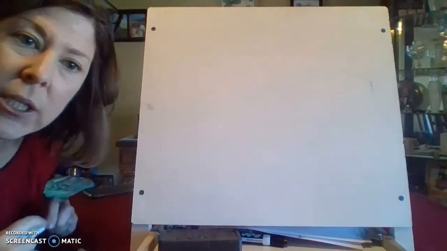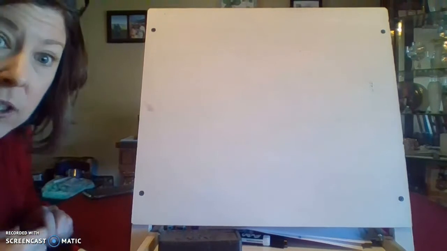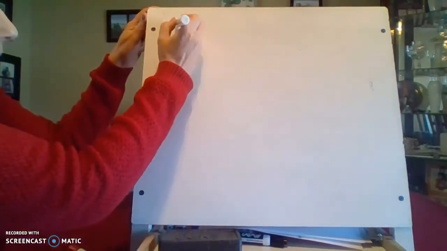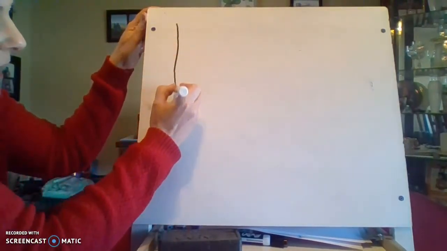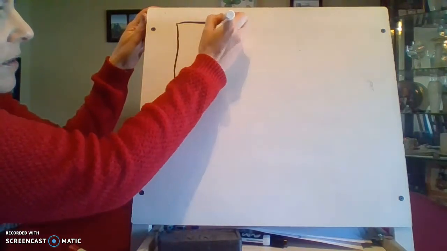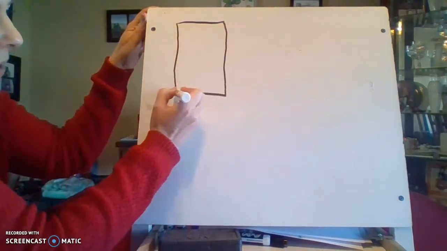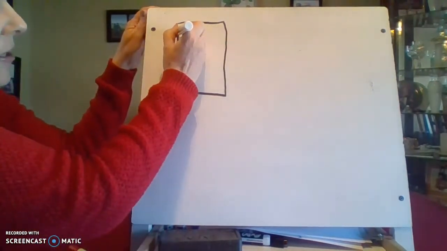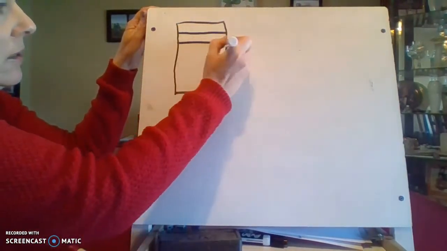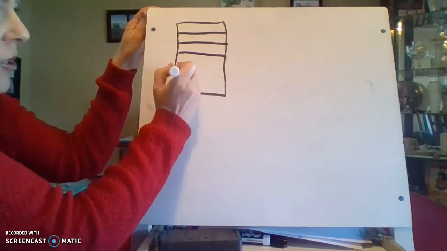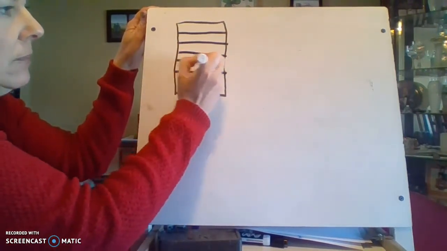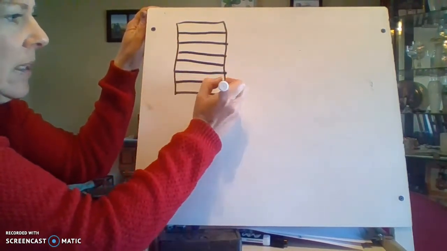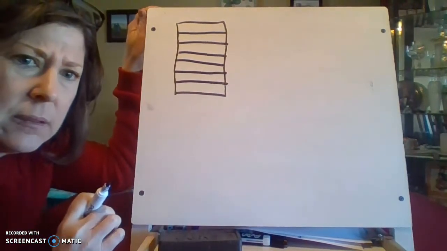And my suggestion was to maybe start actually with a diagram of the bookcase. And the bookcase had three top shelves and four bottom shelves.